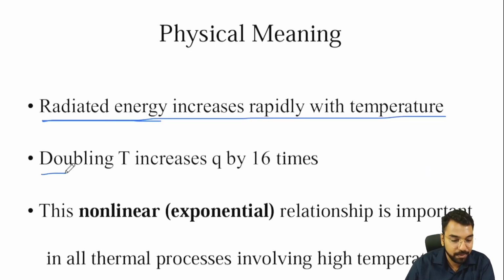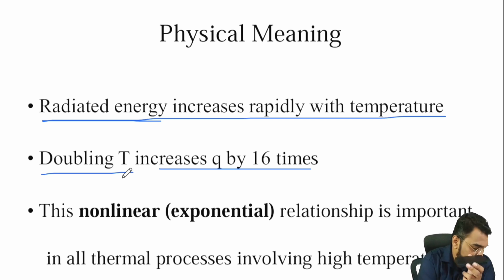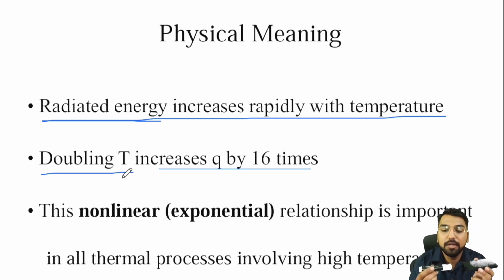So doubling the temperature increases Q by 16 times. Here just a comparison is given. If we double the temperature, let's take this metal plate as an example. In the first case, the temperature of this metal plate is 100 Kelvin, and in the second case, this metal bar has a temperature of 200 Kelvin.